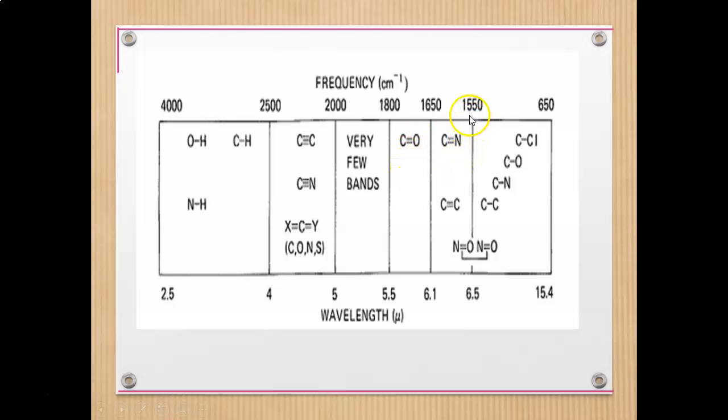In region 1550 to 1650 we have CN and C double C, carbon-carbon double bond, carbonitrile. And in the last region, 650 to 1550, we have carbon to chlorine, carbon to oxygen, carbon to nitrogen, and carbon to carbon single bond. So all these have different wave numbers.